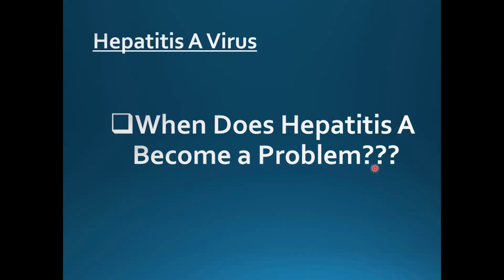Hepatitis A becomes a problem when it affects someone who has a chronic hepatitis from any source. Let's talk about, for example, someone with hemochromatosis. The patient is living with the disease, okay? The patient may have developed cirrhosis as a result of the hemochromatosis.